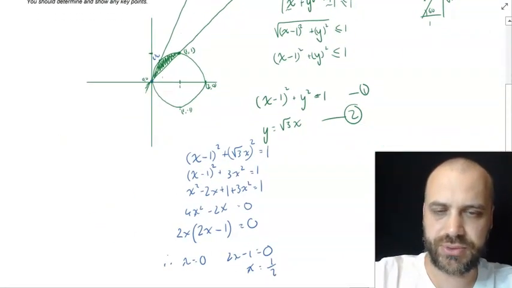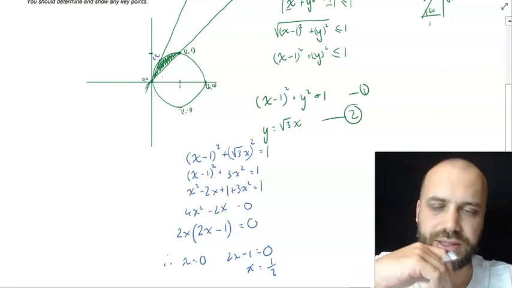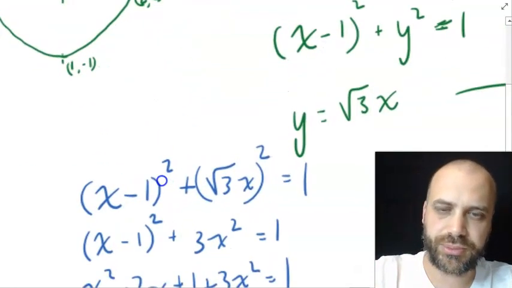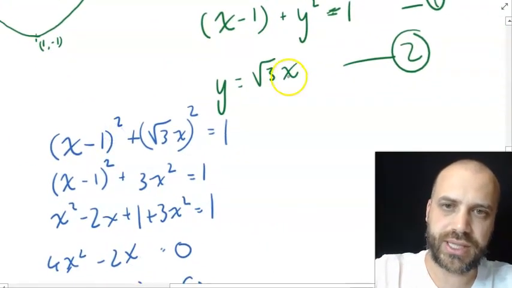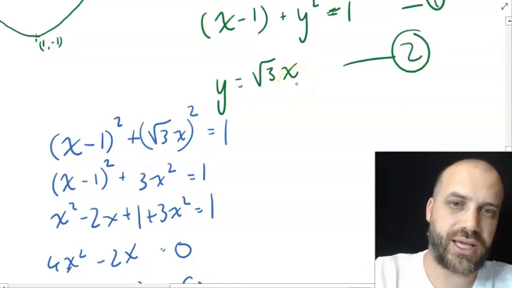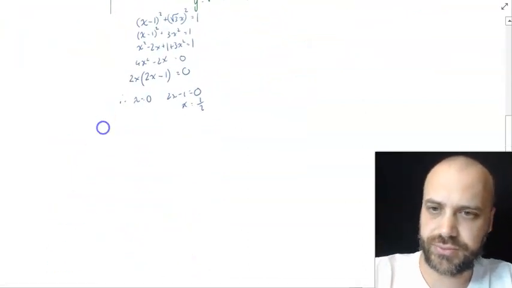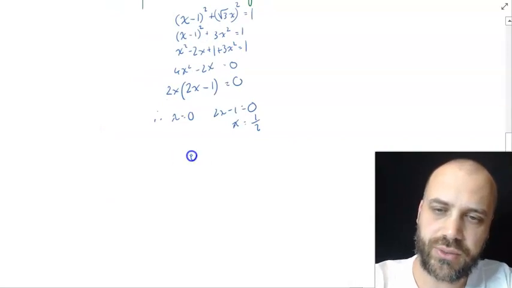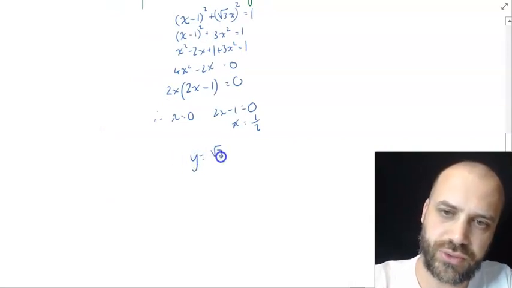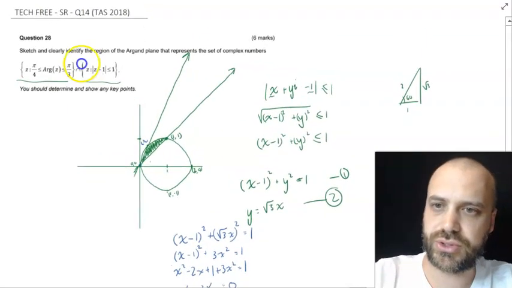Okay, what's the something? What's the easiest way to figure out the something? Probably here, by subbing x = 1/2 into that. So x = 1/2, y = √3 times 1/2, y = √3/2.